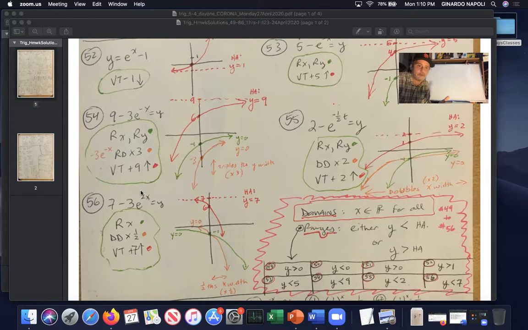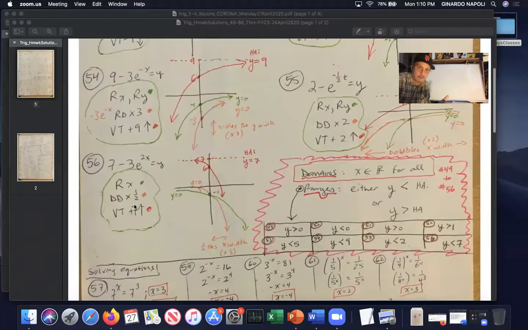Okay, and then here there was a domain dilation and a range dilation. Just whereas up here there was just a range dilation, right? So not only does it double, but it also multiplies by 3.